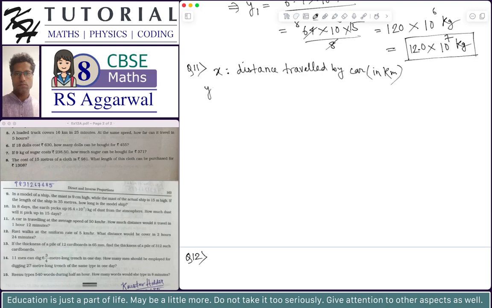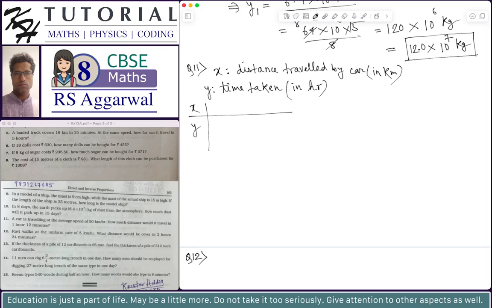And let's say y be the time taken to travel the x distance. So time taken, this should be, we are considering in hour. Okay, so now we can create the table of the quantities x and y.